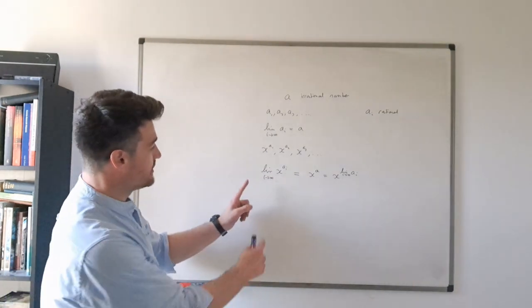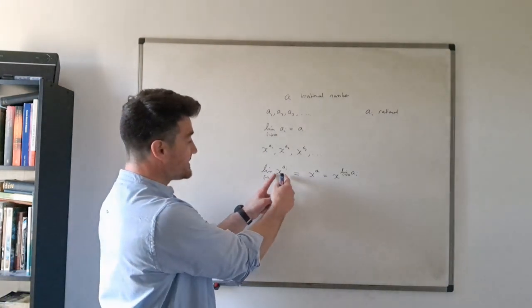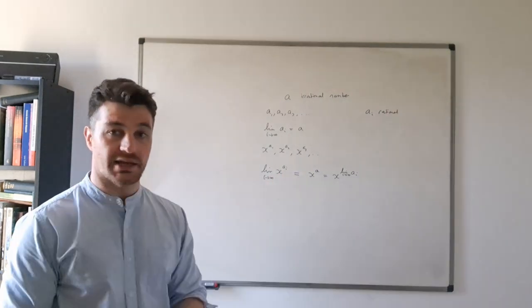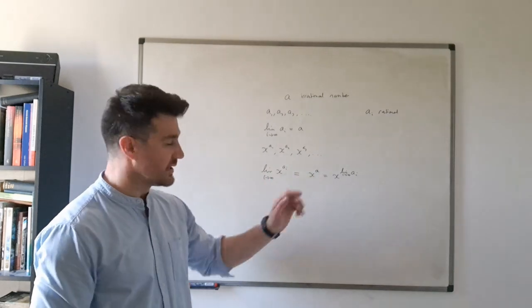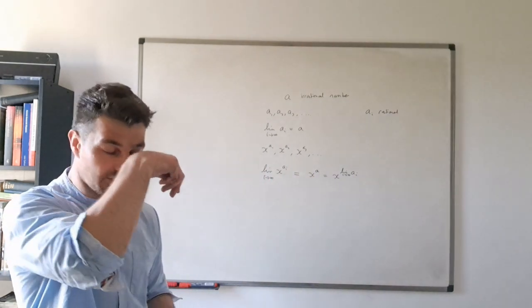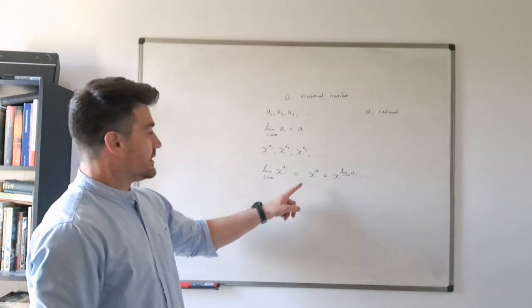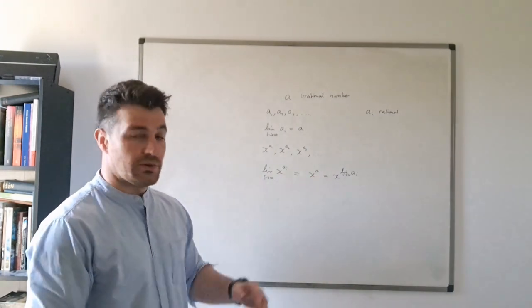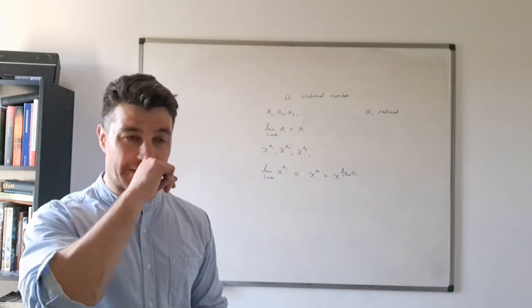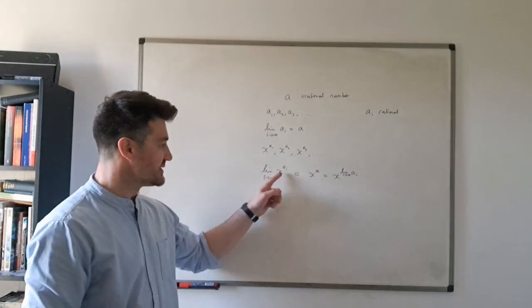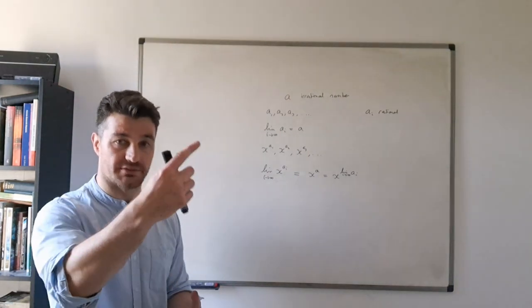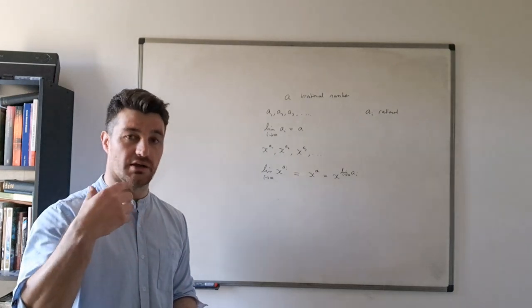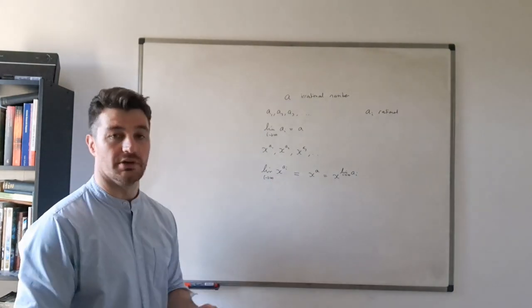Because I know what these mean. X to the power of a_i, I understand what each one of those means. So I'm defining effectively irrational powers of a real number in terms of sequences of rational powers of the same real number, or limits of sequences of rational powers of my real number.